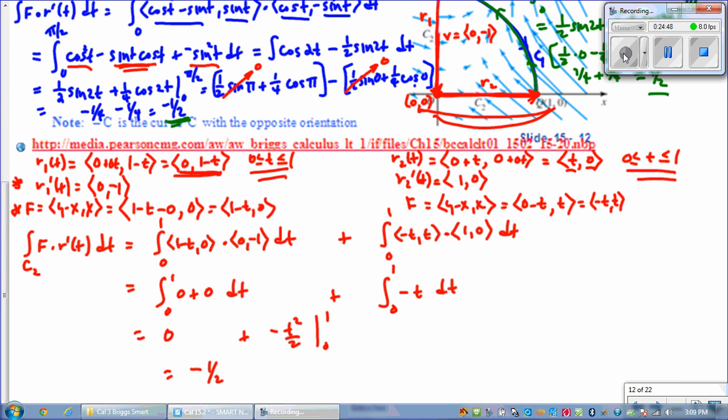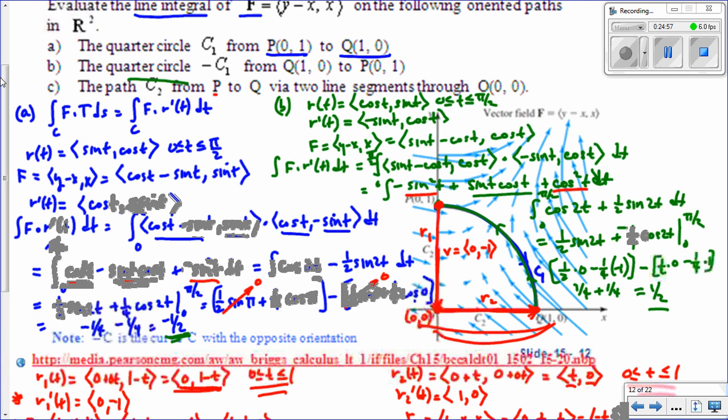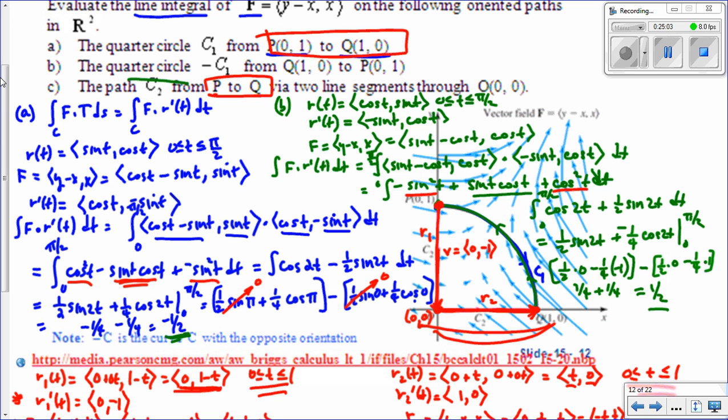Now notice that this value is the same as what we got in our first integral. We got minus 1/2. We were going from P to Q in both cases. So here we were from P to Q, and from this one we were from P to Q. And notice they were the same value. That's not true for every vector field, but certain types of vector fields, which we'll look at in a couple sections, will have that property where it doesn't matter what path you go on.